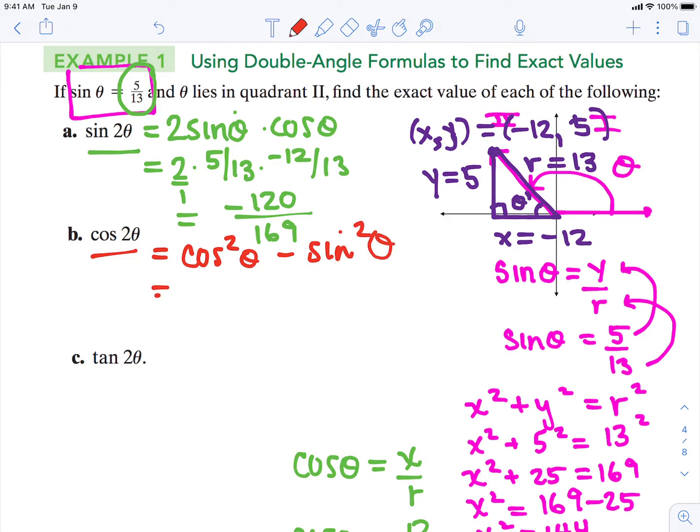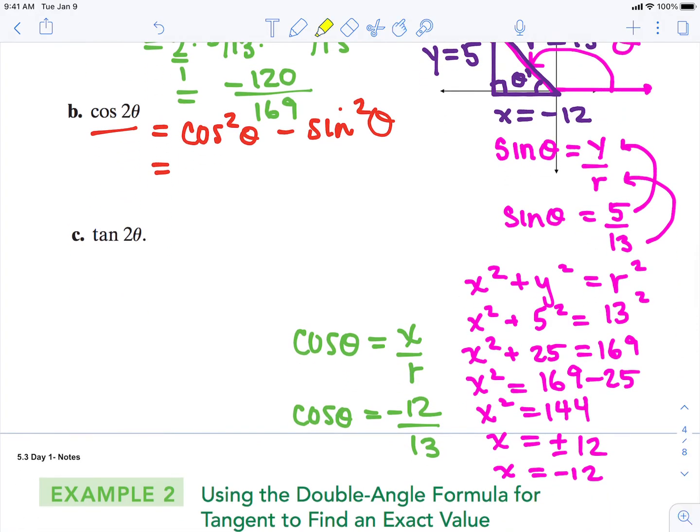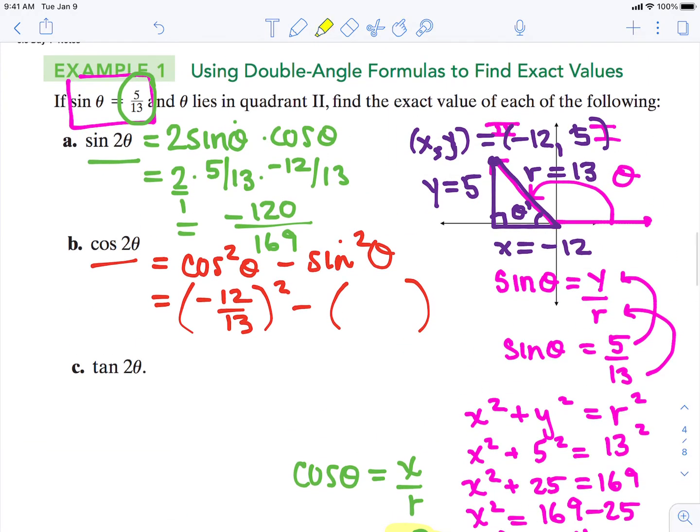So the cosine of theta right here was negative 12/13. Well, we have to square that. It's saying cosine squared, so we're going to take negative 12/13 and square it. And then sine squared of theta. Sine of theta is 5/13, and we're going to square it.